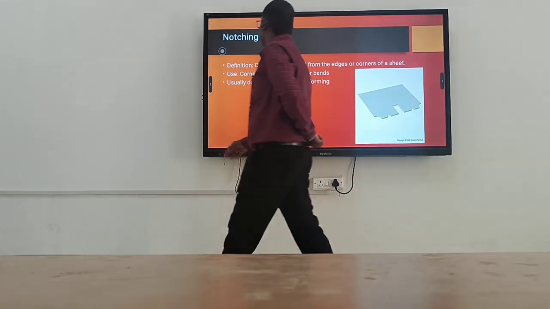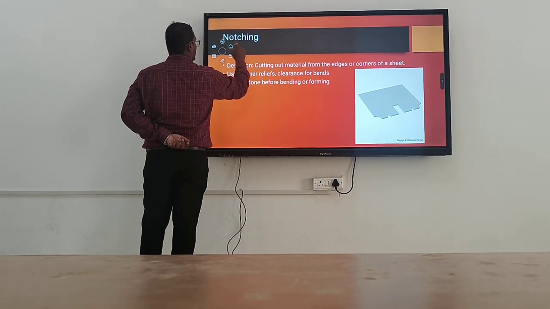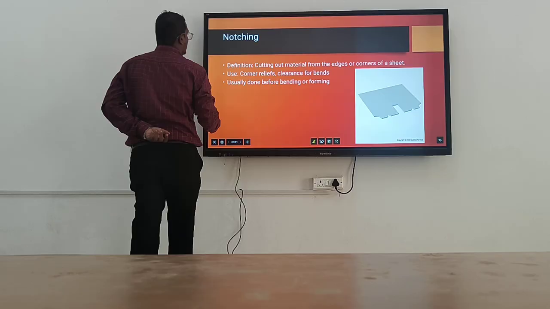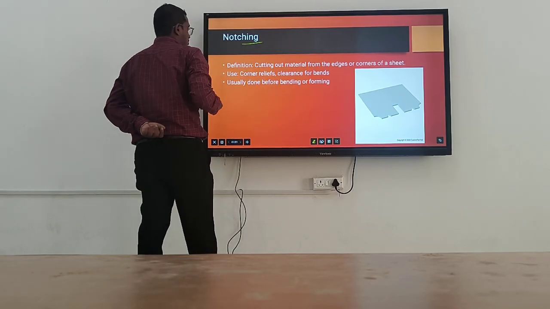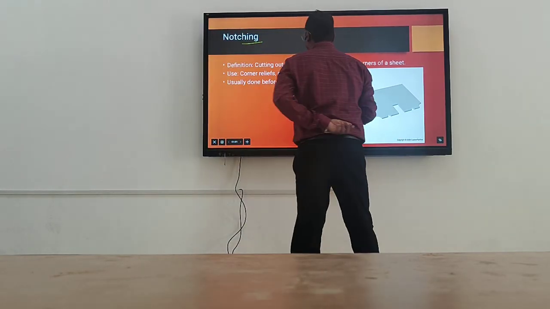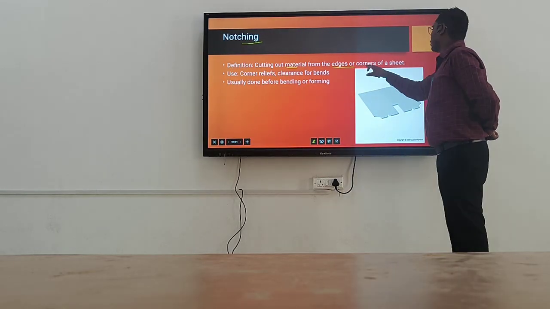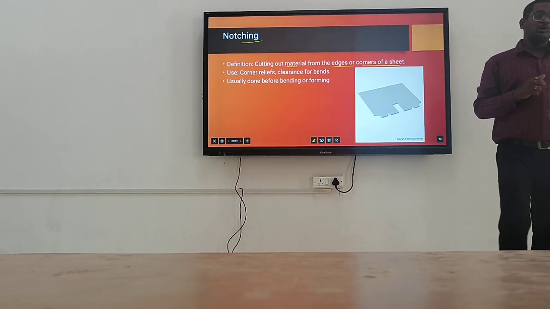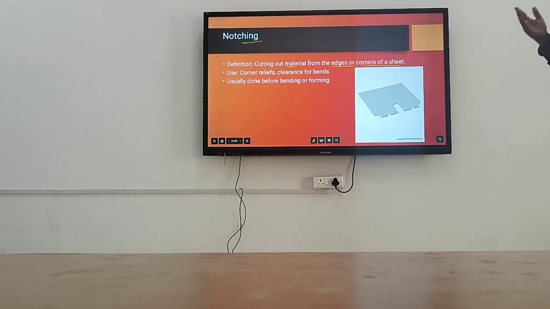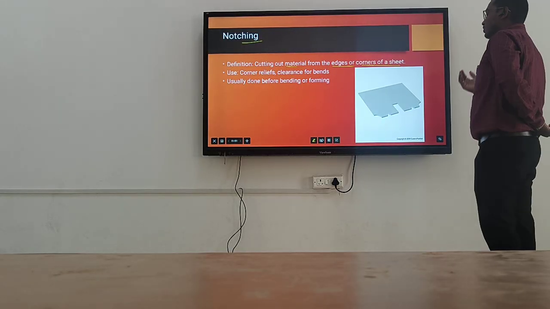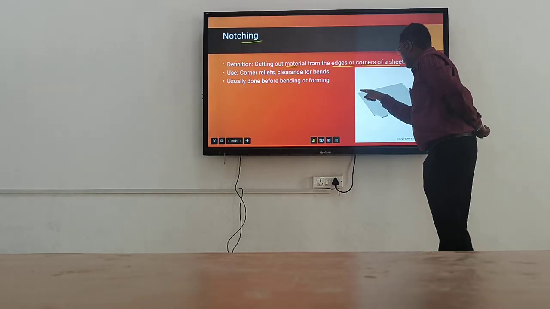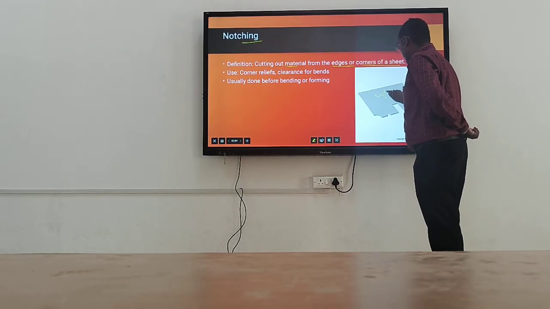Next one is the notching process. Okay, this one is the notching process. Notching process means we cut the material from the edge or corners of the sheet. If we cut the material from the edge or the corner, it's called the notching process. So this one is the workpiece.